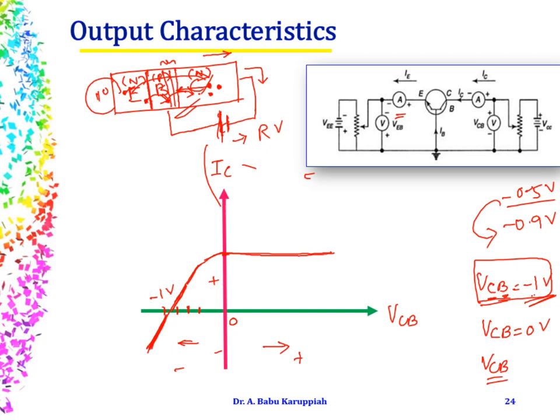So the transistor would lose its normal behavior, it breaks down. This point is the voltage at which the transistor loses its property, it breaks down, and the current increases dramatically. So this is for a fixed emitter current, say 2 milliamperes.